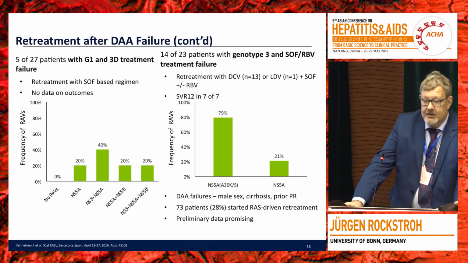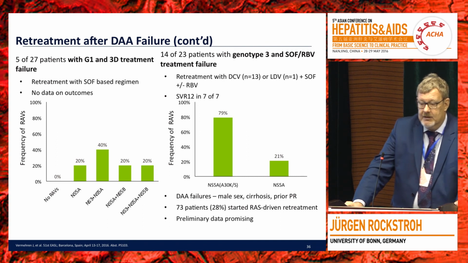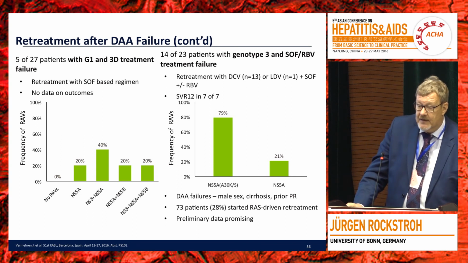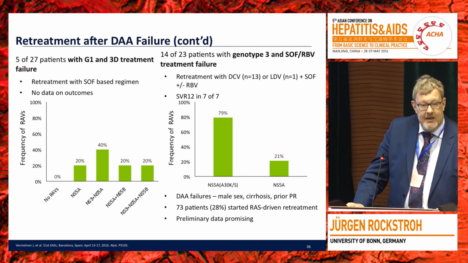Then they looked at patients who had failed on an AbbVie 3D treatment regimen and were retreated with sofosbuvir-based regimens, and there was no data yet on outcomes, so we can't say very much about that. And then they had some data on genotype 3 patients who failed under sofosbuvir ribavirin, who were then retreated with predominantly daclatasvir sofosbuvir, and all patients achieved cure.